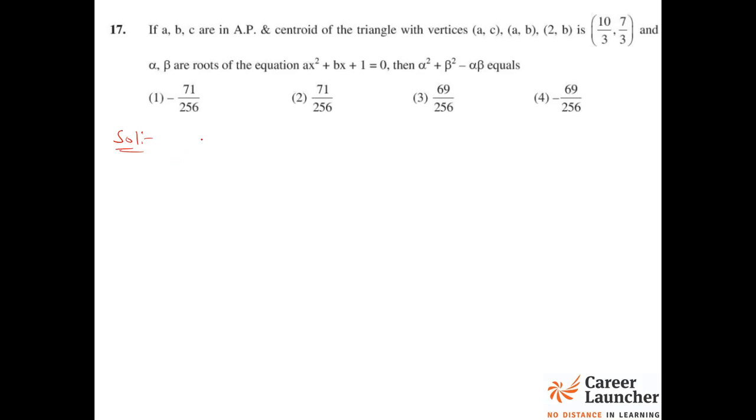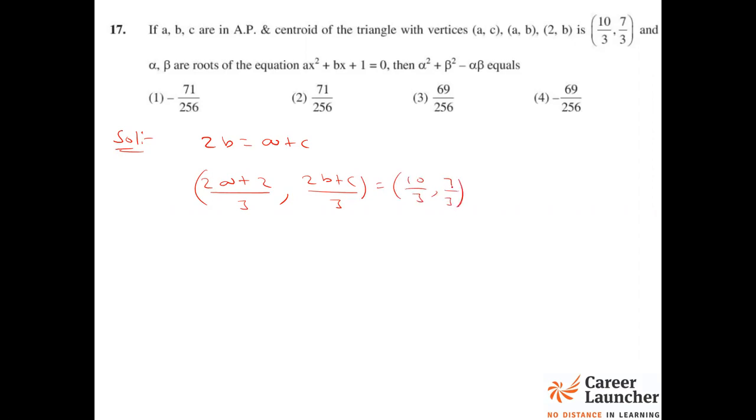From the first condition, A, B, C are in AP, so 2B will be equal to A plus C, and the centroid is given. What will be the formula for the centroid? Sum of x coordinates upon 3 and sum of y coordinates upon 3 is given as 10 by 3, comma 7 by 3.